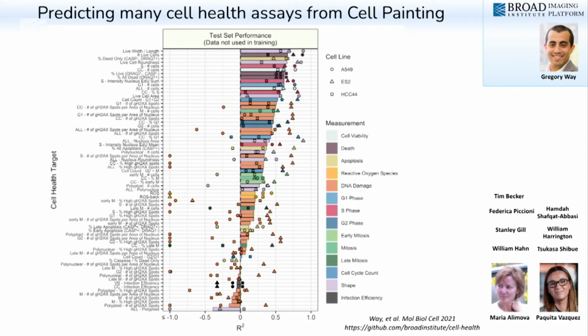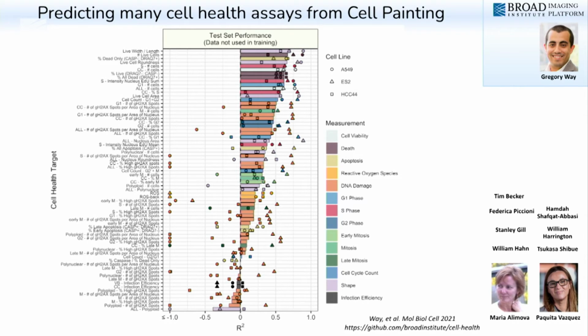Cell painting can also be used to predict markers of cell health. Paquita Vasquez and others at the Broad had created a cell health assay that reads out a set of 70 or so phenotypes, including the proportion of cells in a specific cell cycle stage, the kind of apoptosis, initiated cell proliferation rates, reactive oxygen species, and many other relevant readouts of cell health.